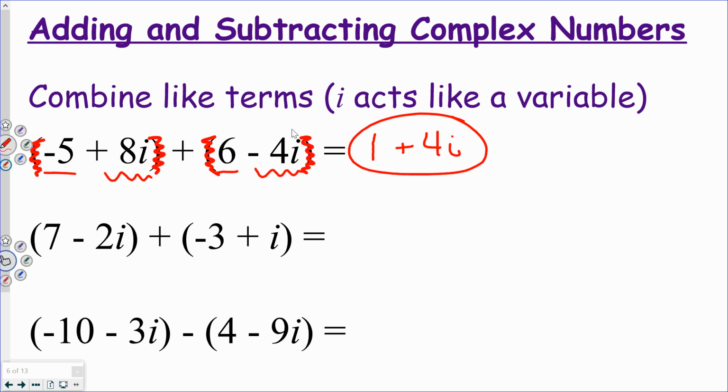Ta-da! The hardest thing about these problems is people just wanting to multiply because they see parentheses, but they're not necessary. All right, so again, plus sign. Do the parentheses matter? No, I don't really need these parentheses when it's a plus in between. All right, so like terms, 7 minus 3.